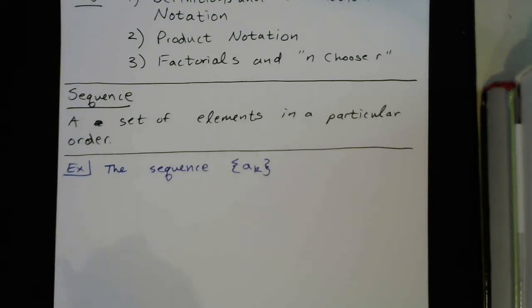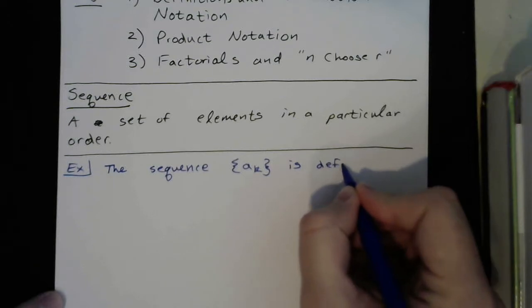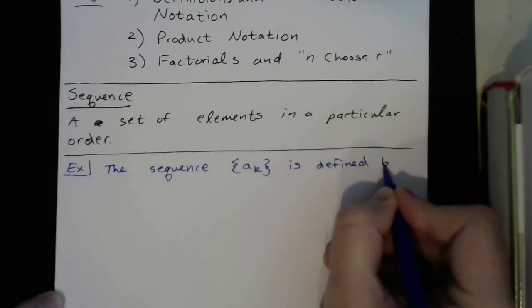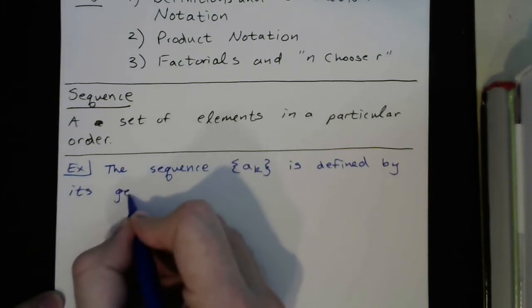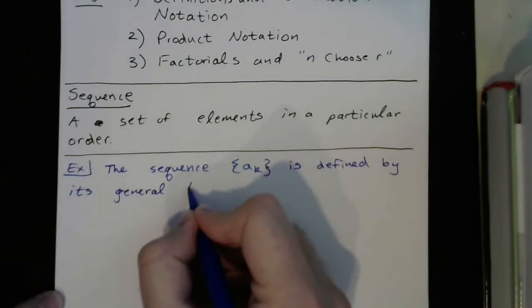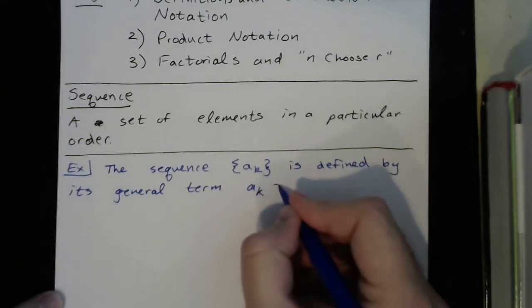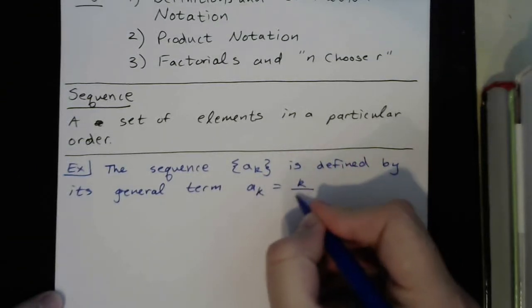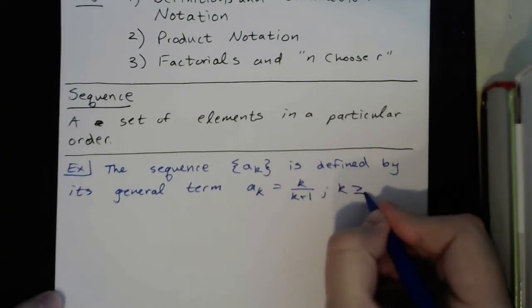They are all ordered in that way. This sequence is defined by its general term, a sub k equals k over k plus 1, where k is greater than or equal to 1.